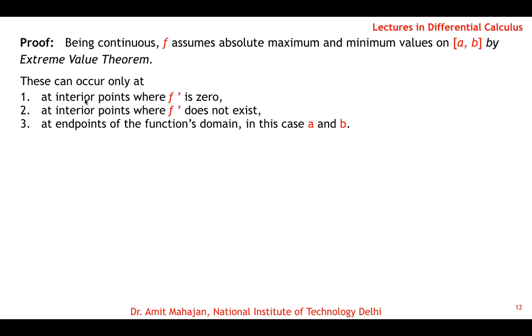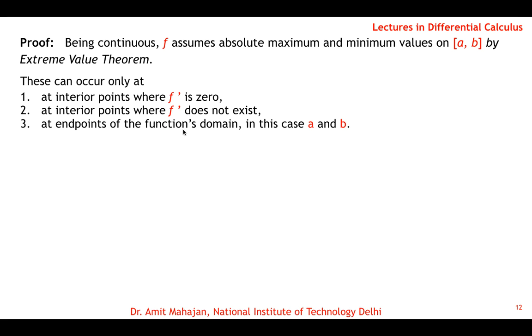Either you will find the maxima or minima at an interior point where the derivative is 0, or at an interior point where the derivative does not exist, or at the endpoints of the domain. In this case the endpoints are a and b. So only these three cases are there: either the interior points which are critical points, or the endpoints. We already said that maxima and minima are possible only at critical points or endpoints.